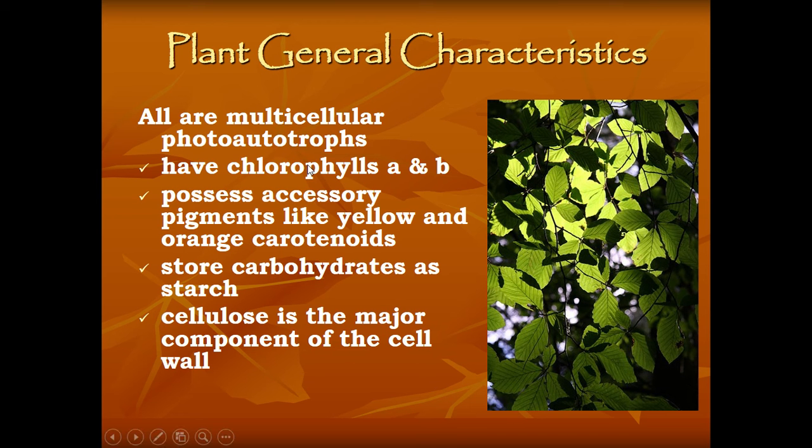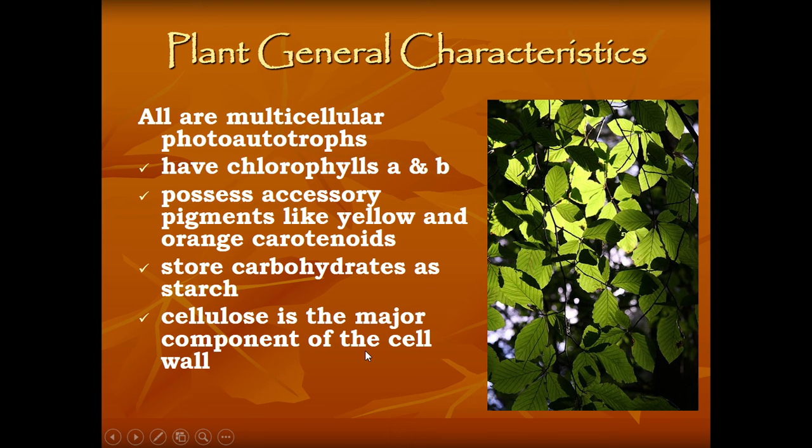Plants also have chlorophyll A and B, and also accessory pigments such as yellow and orange carotenoids that you can find mostly in oranges and carrots. They store carbohydrate as starch, and cellulose is the major component of the cell wall.